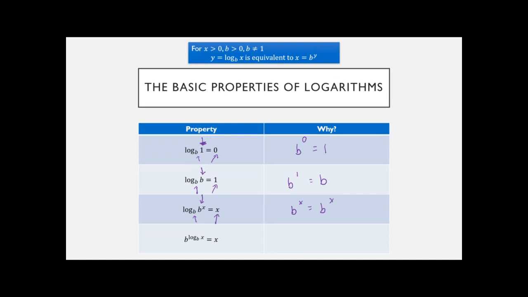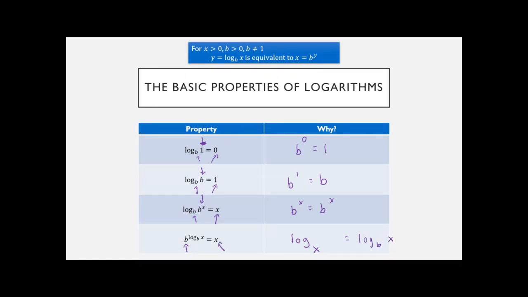And then the last one is actually something in exponential form, and we're converting it to logarithmic form. So we're actually going the other way. When we convert it to the logarithmic form, you write log. This is my base, and it's equal to my exponent. So my exponent here is log base b of x.